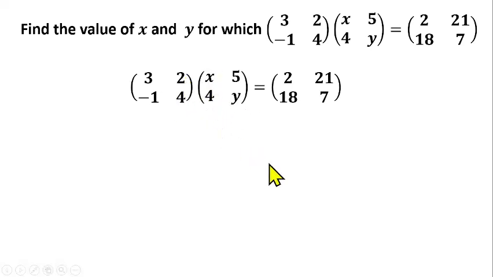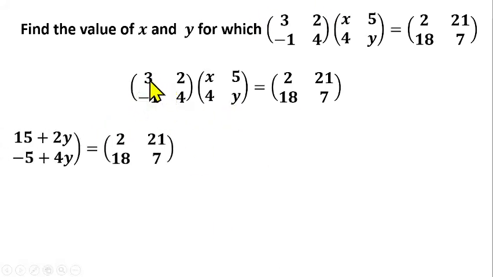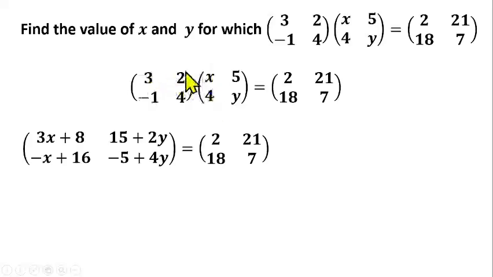Let's multiply them out. The row will multiply the column: this row will multiply this column, this row will multiply this column, then the second row will also go, and so on. So 3 multiplies x, we have 3x, plus 2 multiplies 4, that gives us 8. Then this row will also multiply this column, so we have 3 times 5, that gives us 15, plus 2 times y gives us 2y.